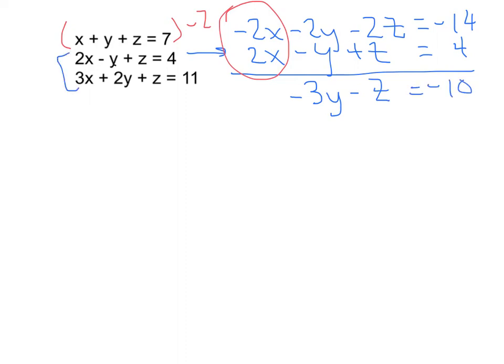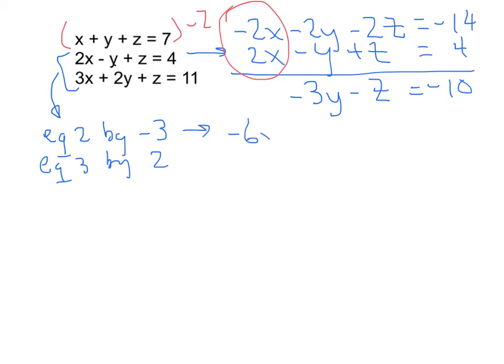We'll look for some way to do the second and third equations, and what we're going to do is challenge ourselves just a little bit more. We're going to multiply equation number 2 by -3, and we're going to multiply equation number 3 by 2. So we have to multiply each equation by something, and that's going to yield -6x plus 3y minus 3z equals -12.